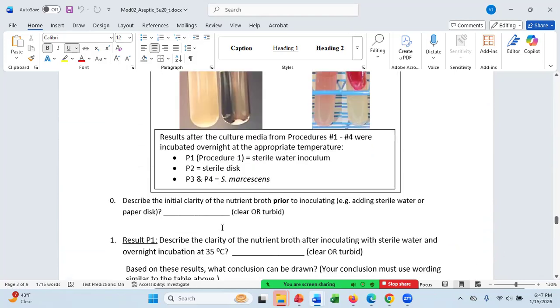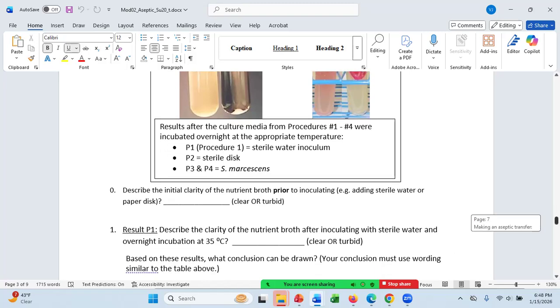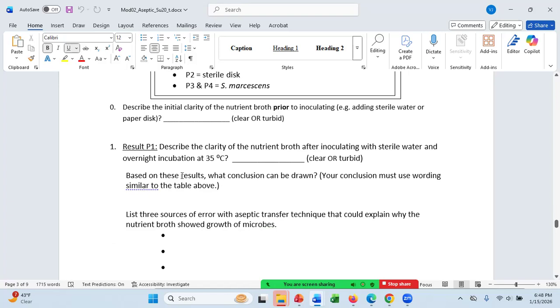Question 0, you first have to describe the initial clarity of the nutrient broth prior to inoculating, adding the sterile water or the paper disc. Was the broth clear or turbid? Write that for answer 0. And then move down to 1, which is for procedure 1. Describe the clarity of the nutrient broth after inoculating with sterile water and overnight incubation at 35 degrees C. Answer whether it was clear or turbid.